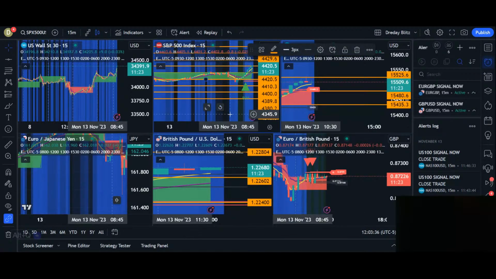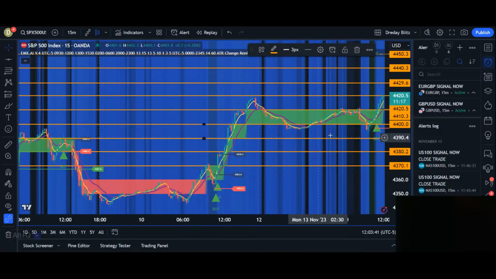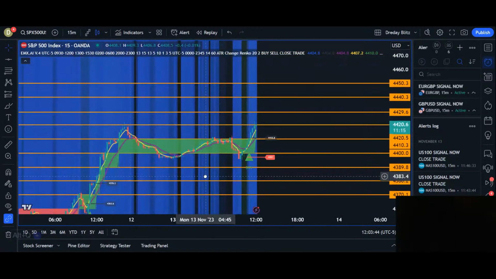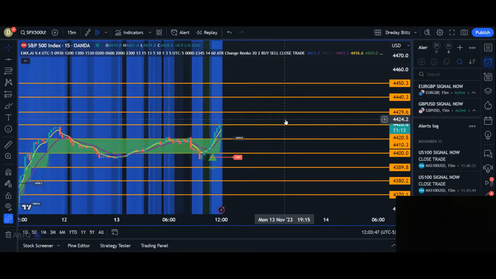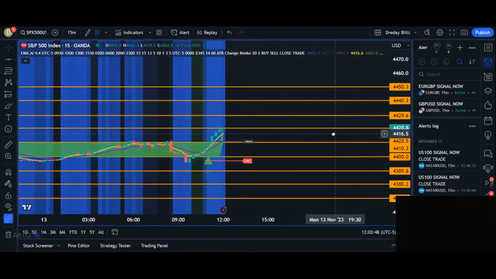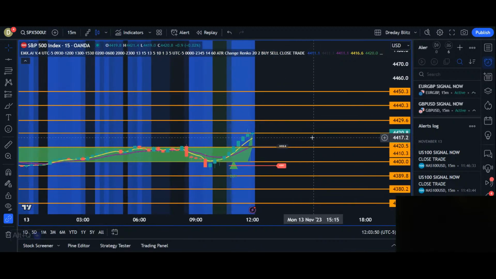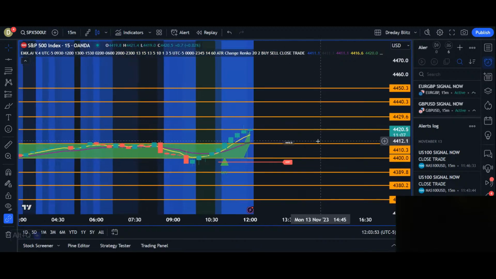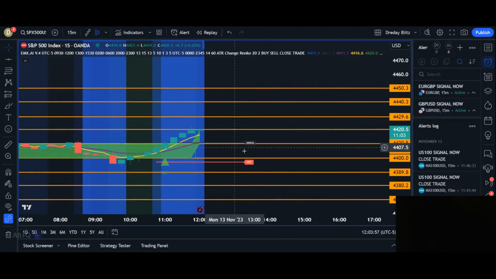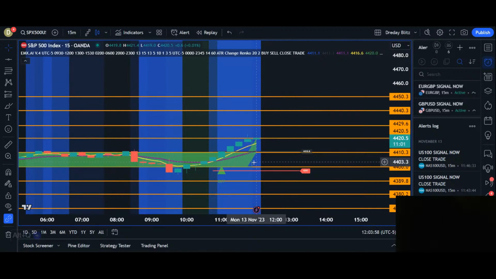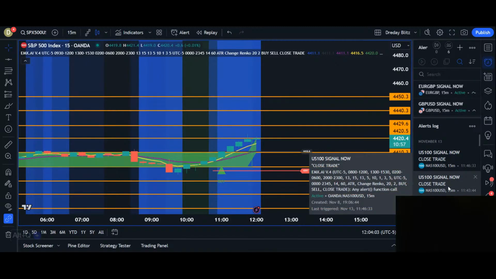Let's look at S&P 500. S&P 500, as you could see, we had another buy.